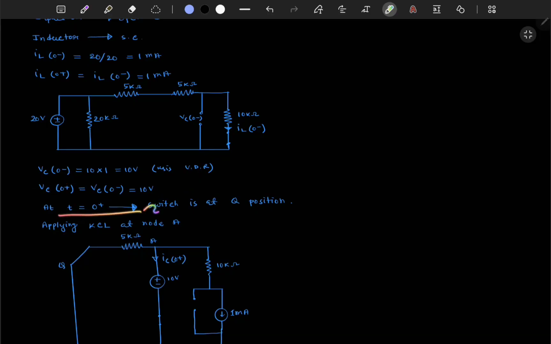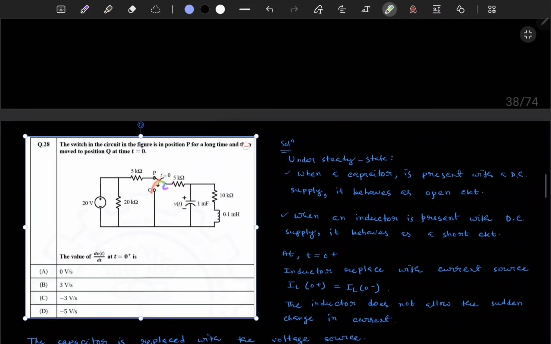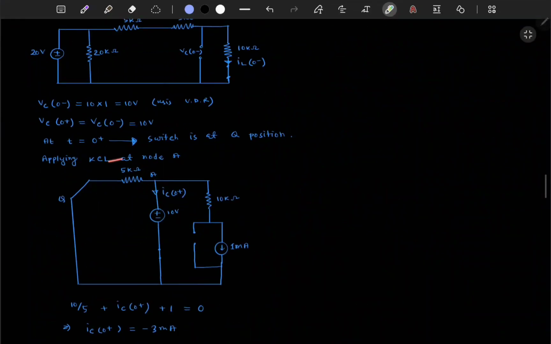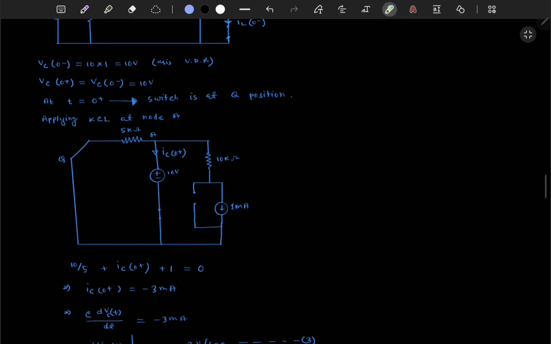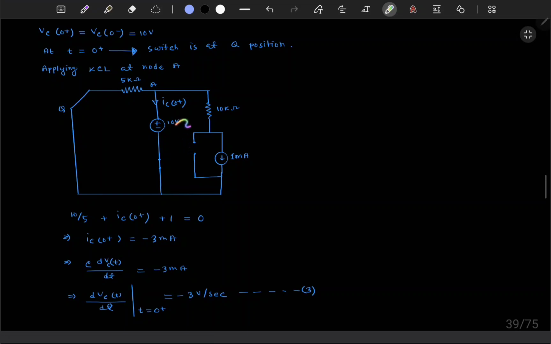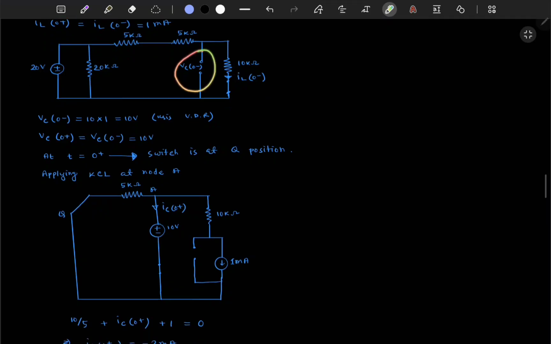Now at t equal to 0 plus, the switch is at Q position. So here the switch will come from P to Q, so this part will be disconnected, only this part remains. Now applying KCL at this node A, the capacitor voltage will be 10 volt. We have already calculated that here.